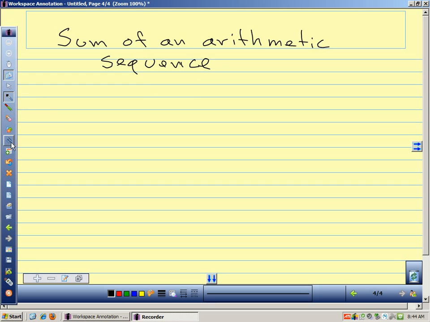So we're just going to add together terms. And arithmetic sequences are nice because we can come up with a formula for the sum.